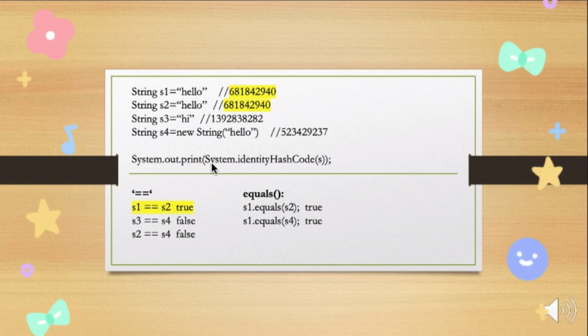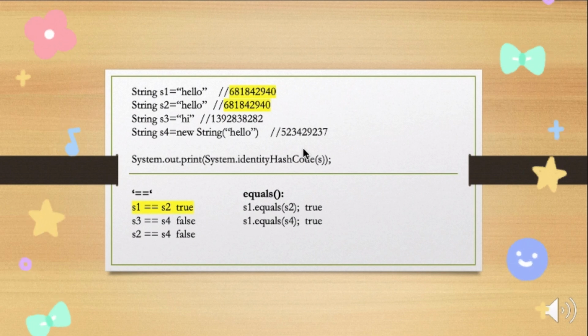In Java, we can use System.identityHashCode to print out the address. Here is the result. As we can see, s1 and s2 have the same address. And although s4 has the same value as s1 and s2, its address is different.